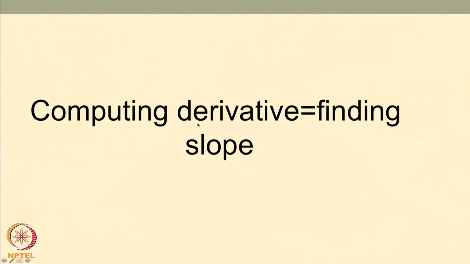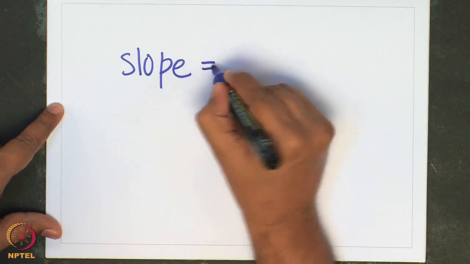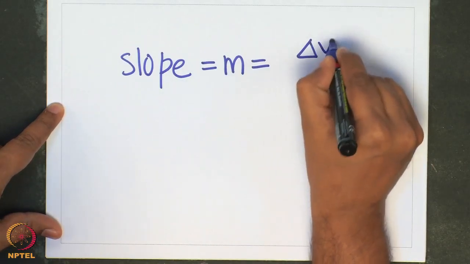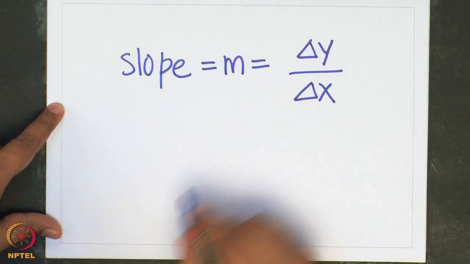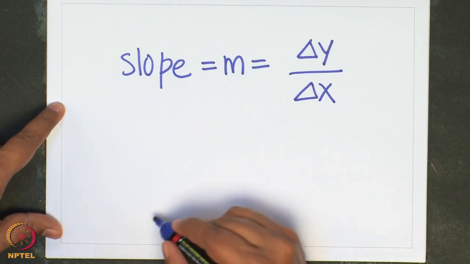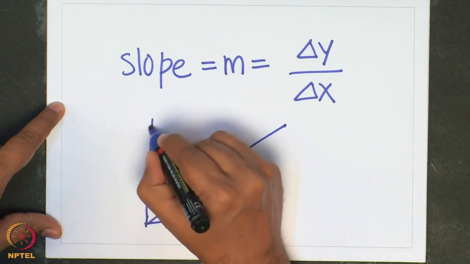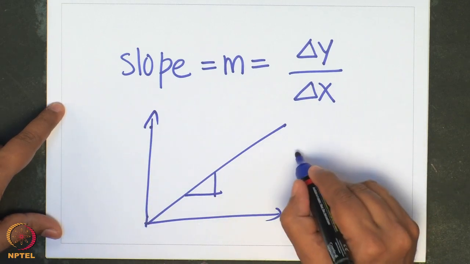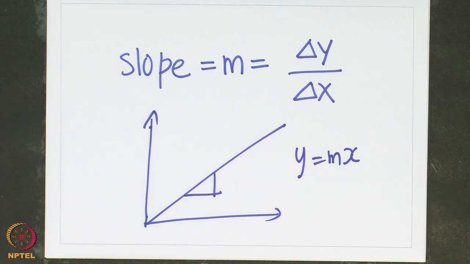So we said that the slope, which we call m, is the same as delta y by delta x. If you have a straight line y is equal to mx, the slope is m. This is something that we learned.